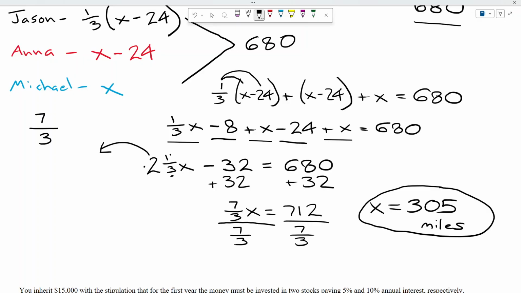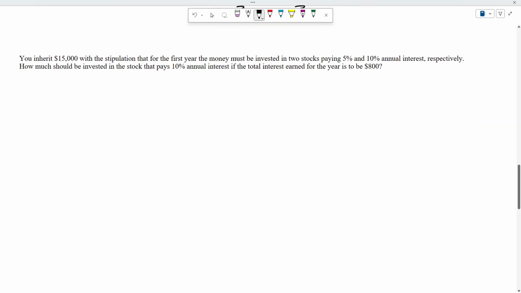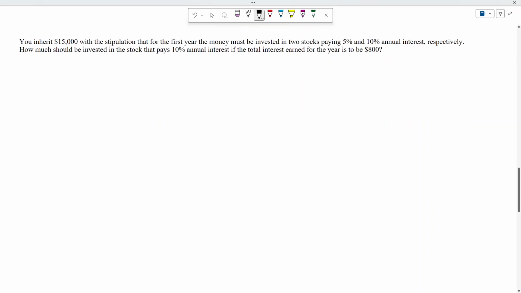All right, let's move on to the next one. And this is another one that tends to give some people problems. Get it set up properly and really figure out what it's asking, we should be just fine.